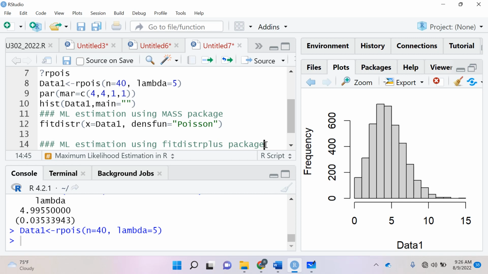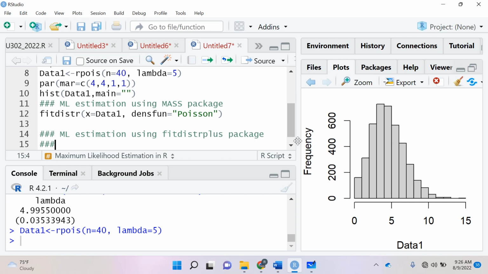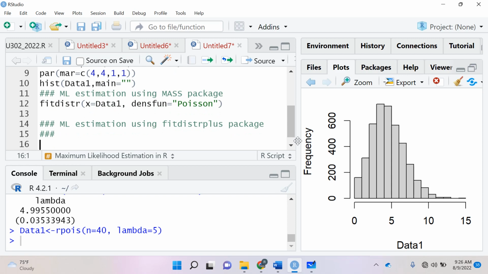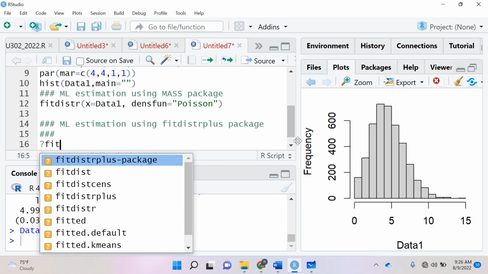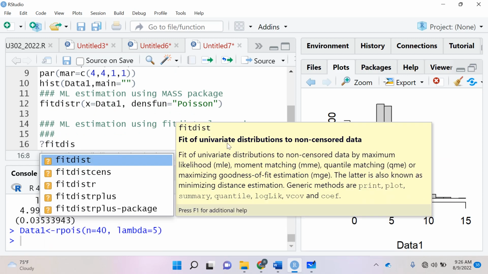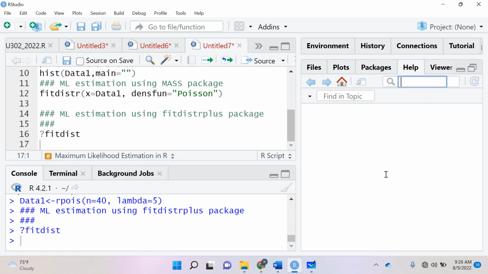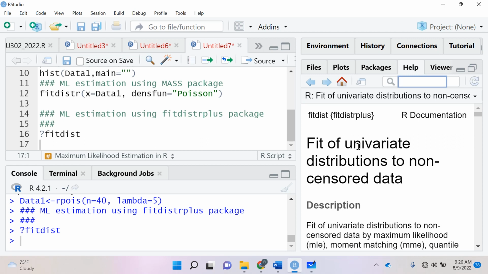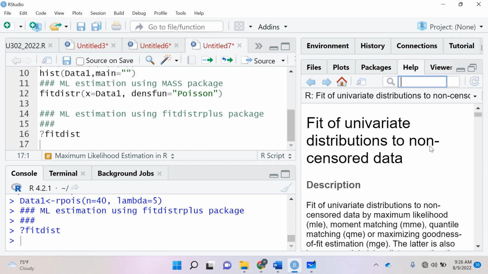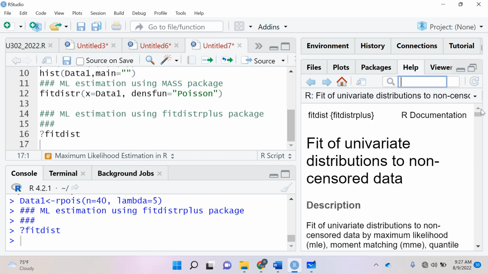Okay, so there we need fitdist, there it is. So what does it say? It says it fits univariate distributions to non-censored data. You can use it for censored data actually, univariate distributions to non-censored data.